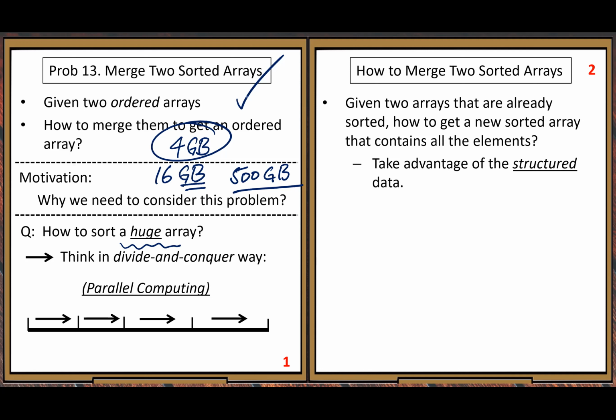We want to borrow some of our old experience, so we can get a better understanding. Here, we want to take advantage of the structured data. What's the structured data? Two subarrays are sorted. That's the structured data, so we need to use that ordered property.